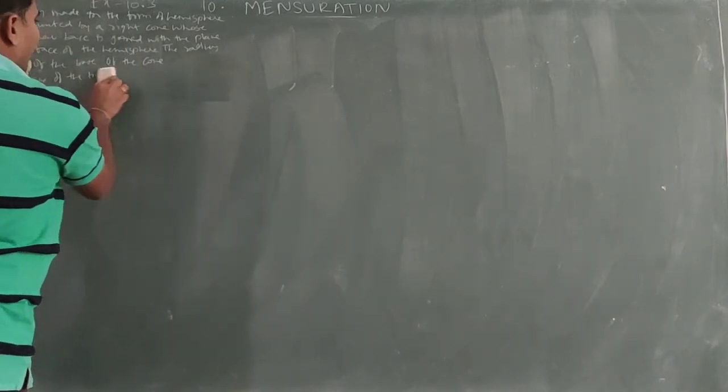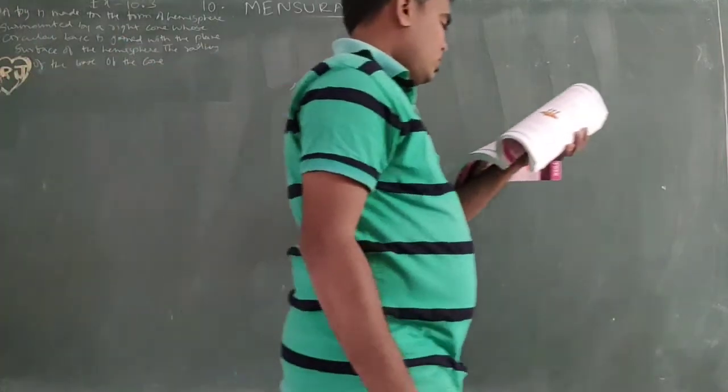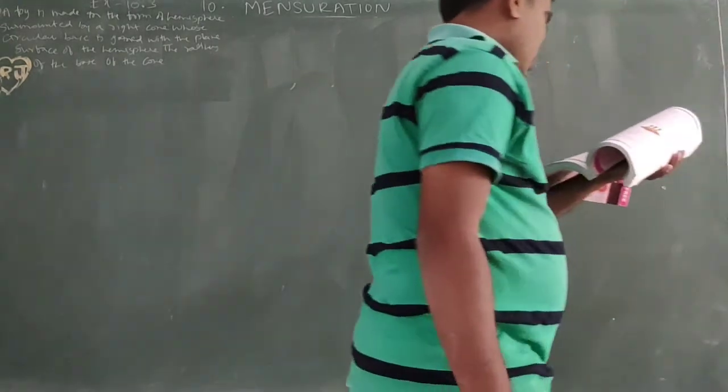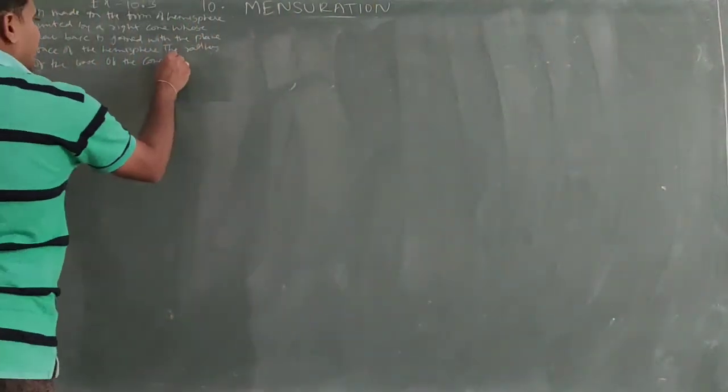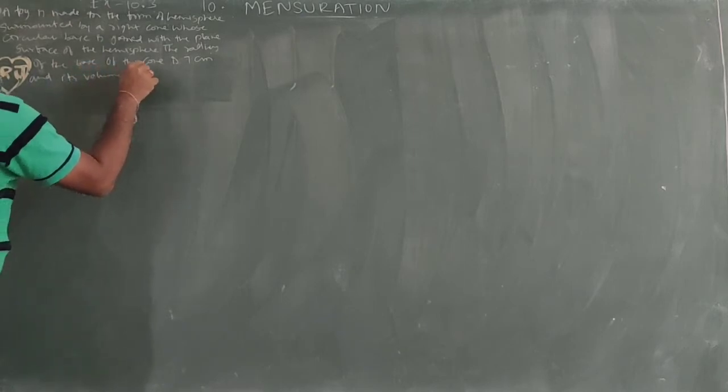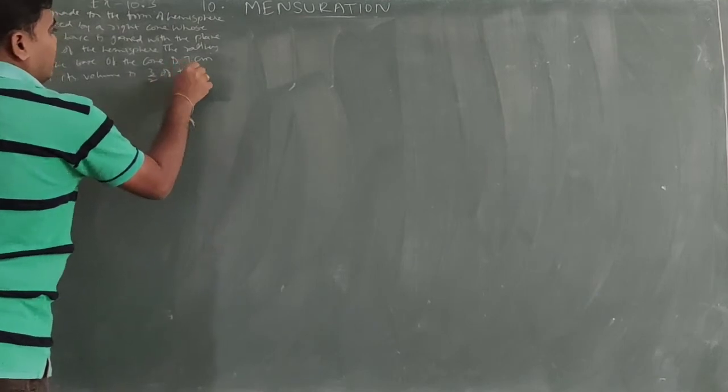The radius of the base of the cone is 7 centimeters, and its volume is 3 by 2 of the hemisphere.